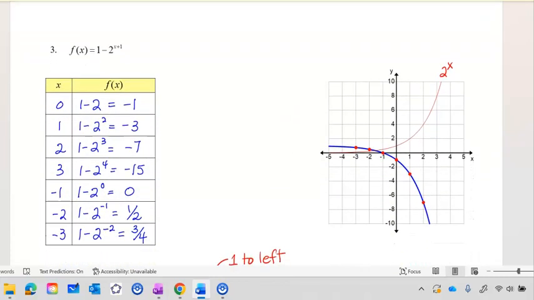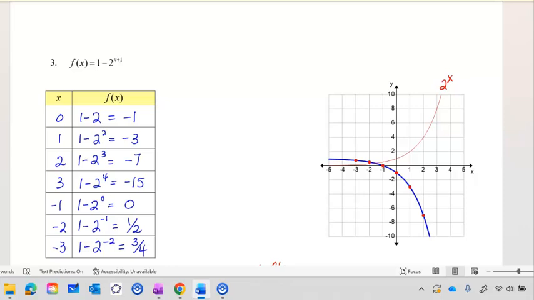The next example, we have more terms. The function is one constant term with an exponential function, and the base is 2, but the exponent is not a single variable, it's x plus 1.